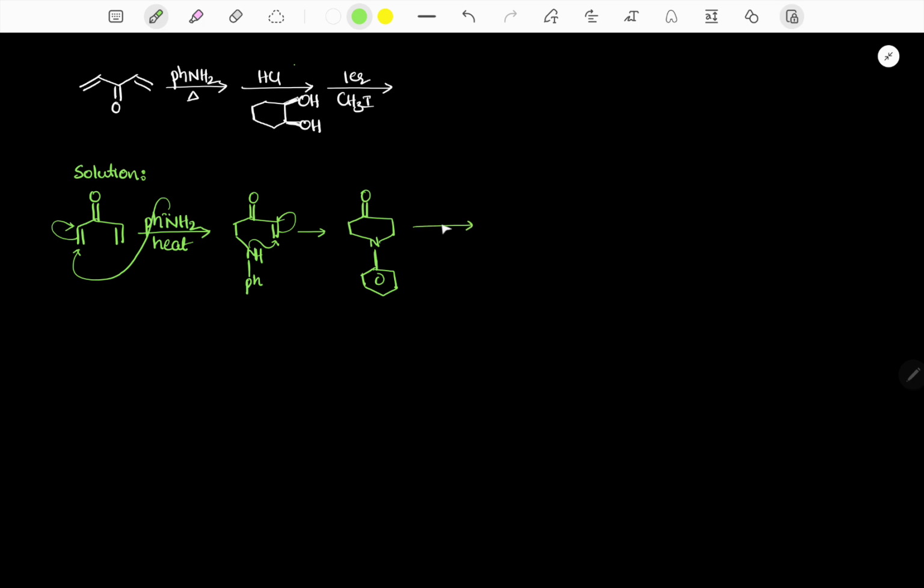Now it is treated with glycol type compound, vicinal diol glycols, in the presence of H+. So we know that when ketone reacts with glycol type compound, we have to remove the water and form corresponding acetal.